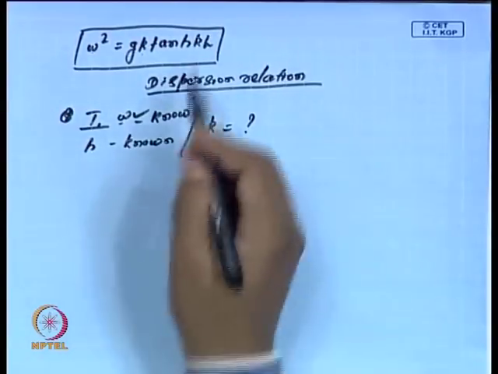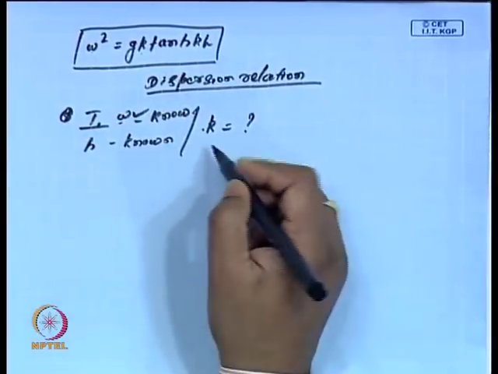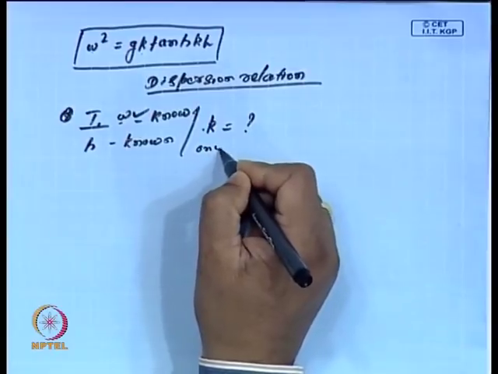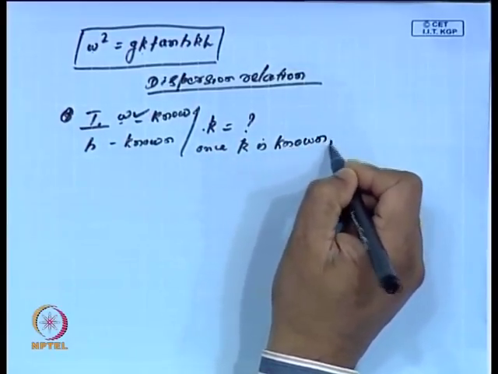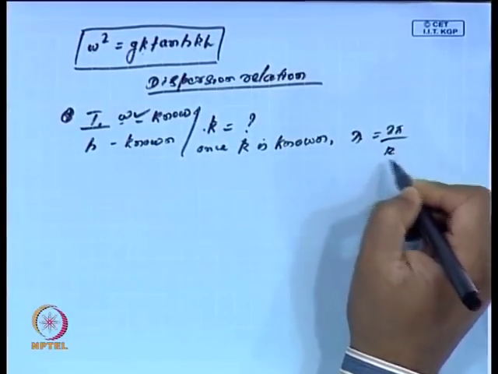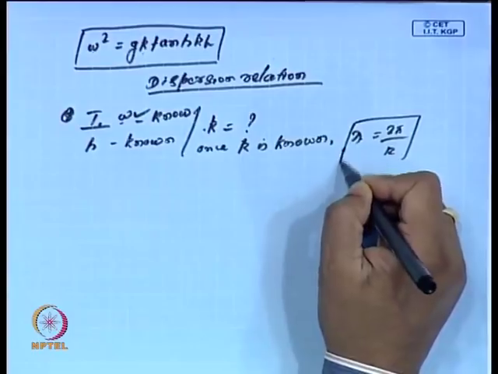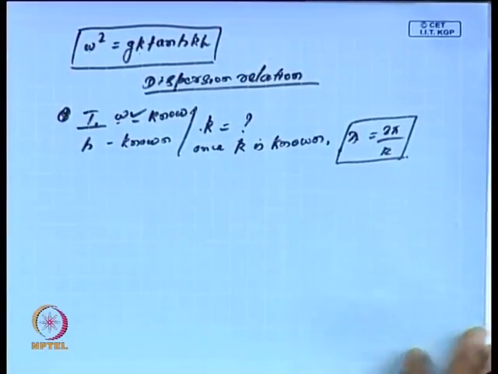In fact, we can easily find k by solving this relation, and once k is known, we can always find lambda. Lambda is nothing but 2 pi by k. I will come to the detailed derivation of this relation a little later, but today let me emphasize this.